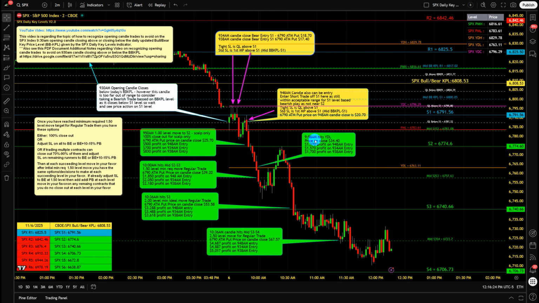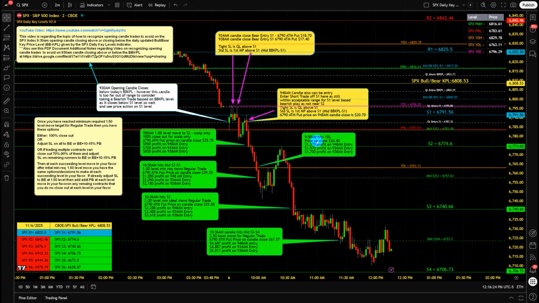So you also have to be cognizant, when it hits a level like this after it's already made a move in your favor, of the fact that since it is the YDL level, there is a potential stall or potential reversal that can occur, since that is yesterday's daily RTH session low.